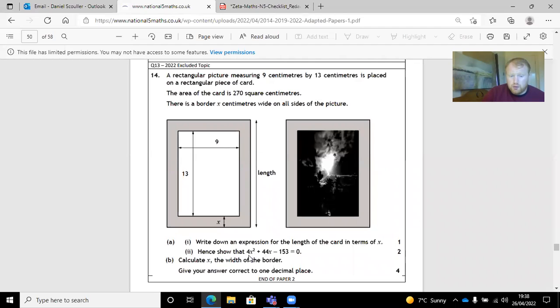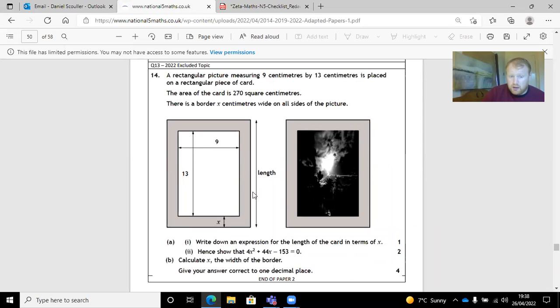Hence, show that 4x squared plus 44x minus 153 is equal to 0. That is quite a big expression, especially when we're starting with 13 plus 2x. What it's looking for you to show is an understanding that area is length times breadth. You get given the area, you've got an expression for the length, and you need an expression for the breadth.